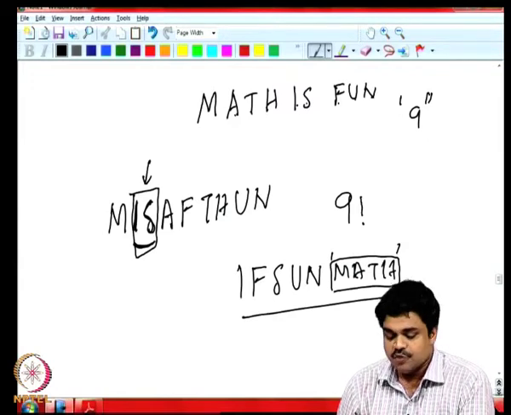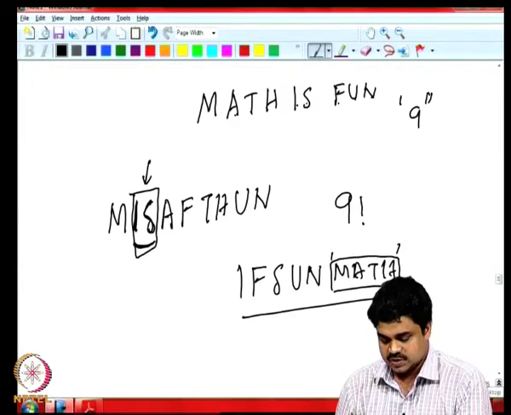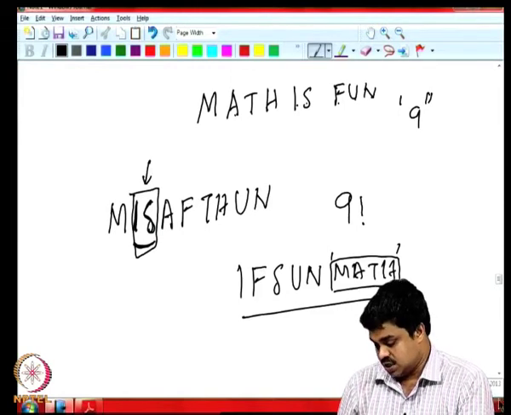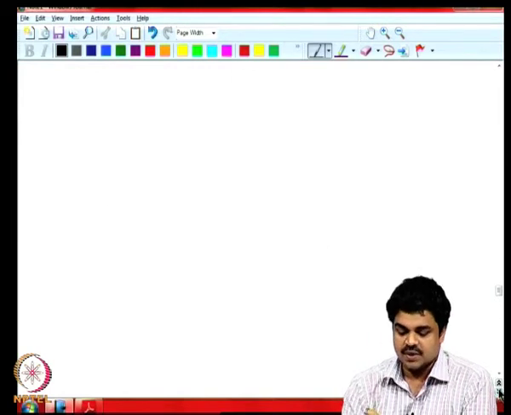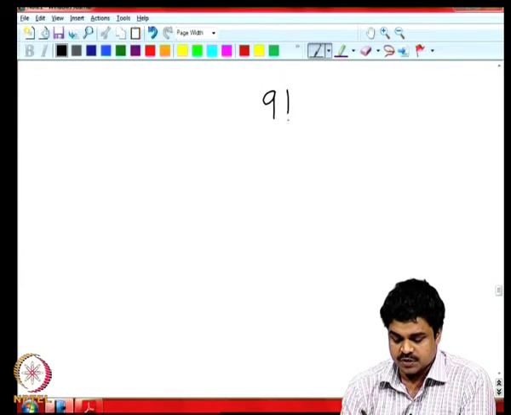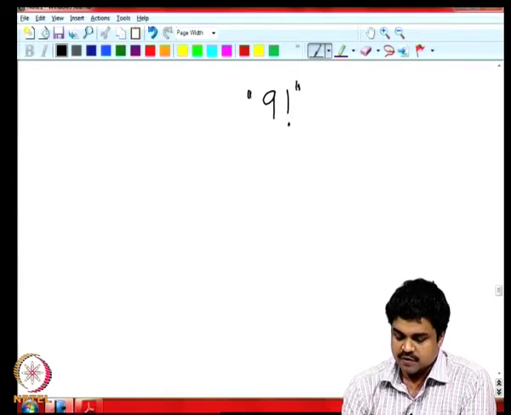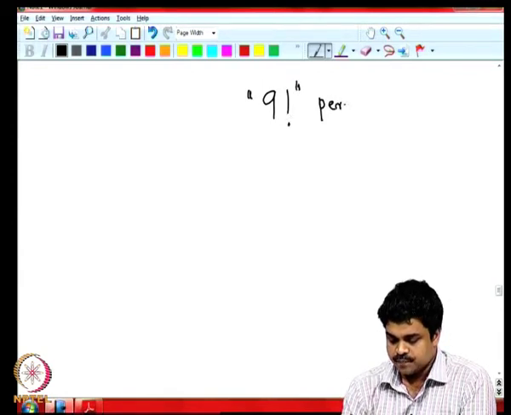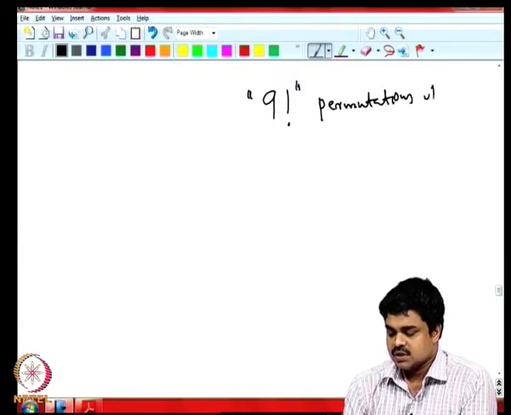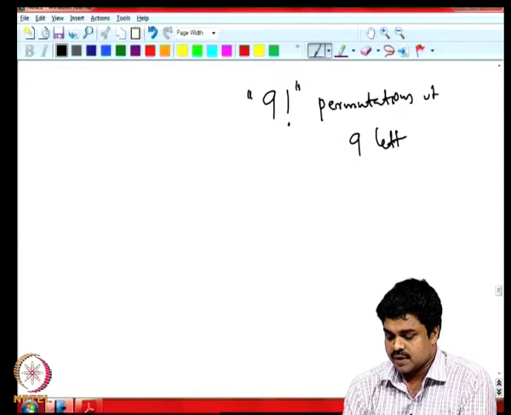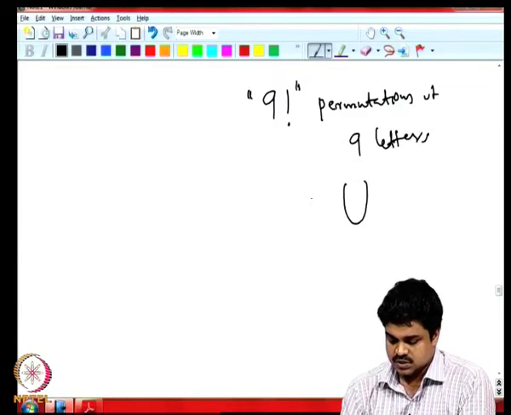So, now again we want to model this as a problem where we can apply the inclusion exclusion principle. Let us say these 9 factorial permutations of the 9 letters in math is fun form the universe.